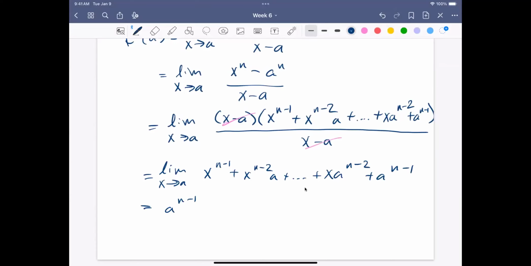But it turns out that I have n of these. I have n copies of those. So I can combine my like terms and I get n times a to the n minus 1, no matter what n is.